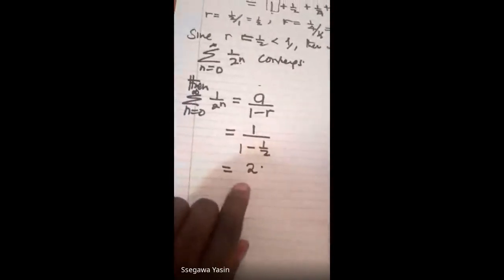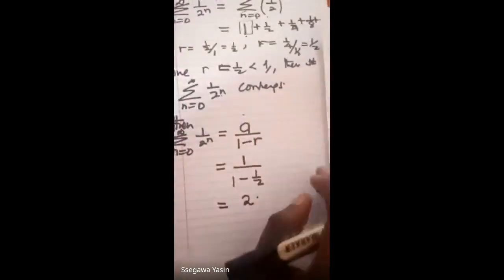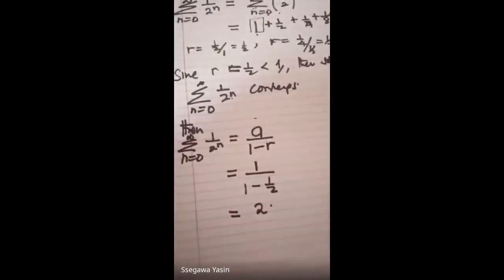And this one must then be bigger than the other one, because here we have added more terms. These ones are less because we move from 1 to infinity, while this one is moving from 0 to infinity. So we have more terms than the previous. So this one here converges, and it converges to that value, which is 2.